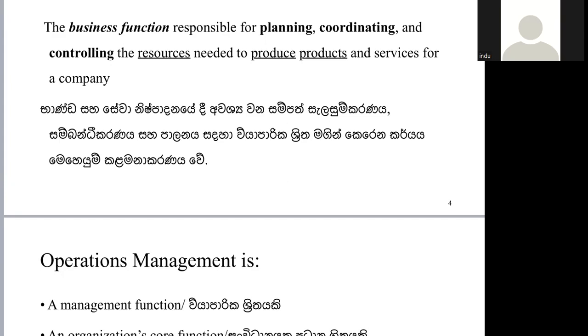Scientific management was an approach to management promoted by Frederick W. Taylor at the turn of the 20th century. For answering this question, you have to give Taylor's major contribution.